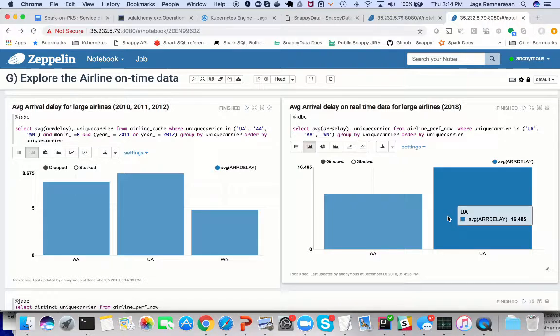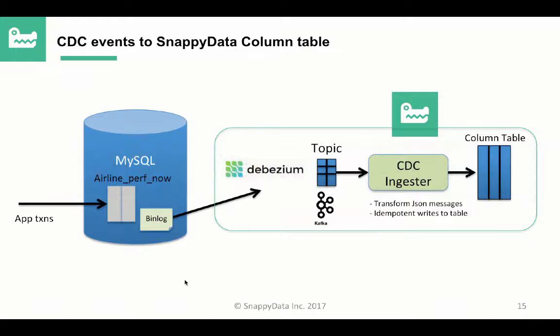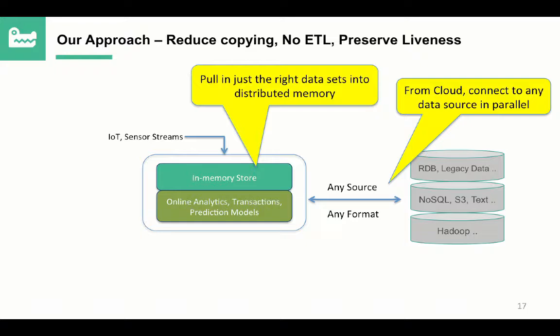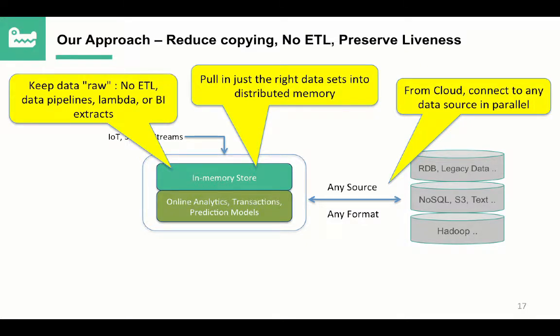All right. So I showed you how we set up Debezium, how easy it was to start Debezium monitoring MySQL, how we routed it into Kafka, and from Kafka, how we picked it up very easily just by running that ingester into SnappyData. Let's summarize real quickly what we did. In part one, we showed you how easy it was to connect to any data source in parallel, from S3, Mongo, any SQL database, and how we pull the right data sets into distributed memory.